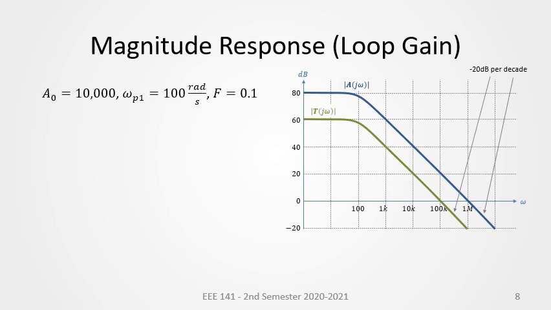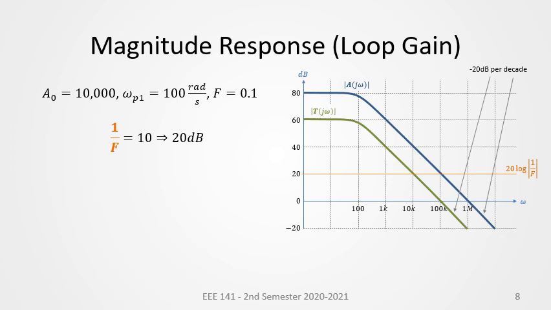Now, in plotting the magnitude response of feedback systems, it is also common to plot 1 over F, or the reciprocal of the feedback factor.